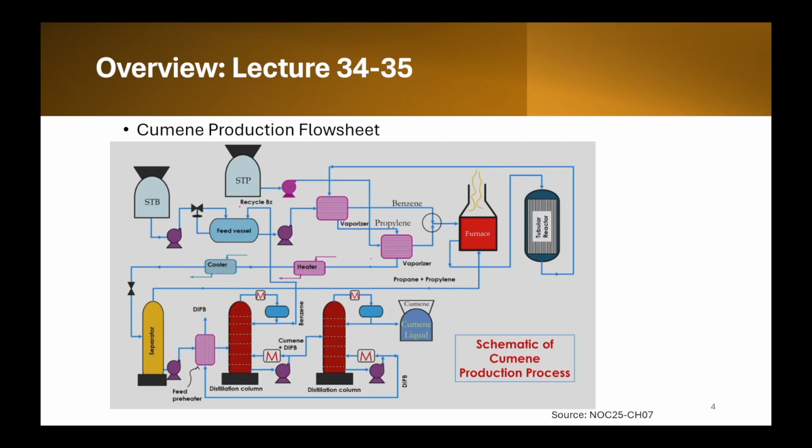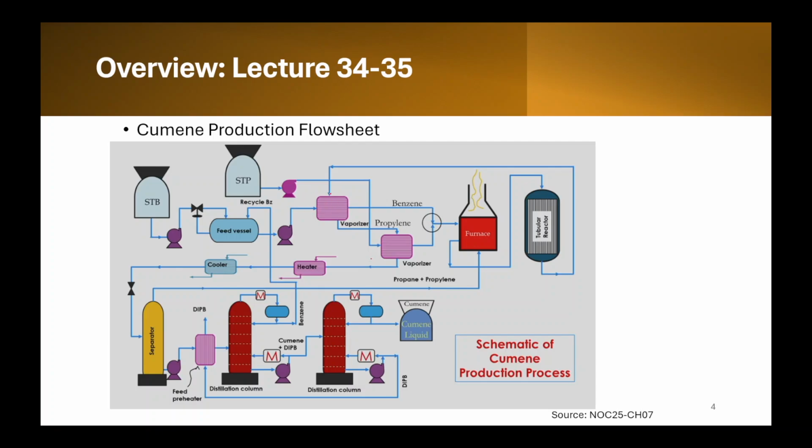Basically, this is the storage for benzene, and this is the storage for propylene. It goes to the feed vessel, and from there to the vaporizer. This is the benzene vaporizer, and from the storage, propylene goes to the propylene vaporizer. You just focus on these forward going lines right now.